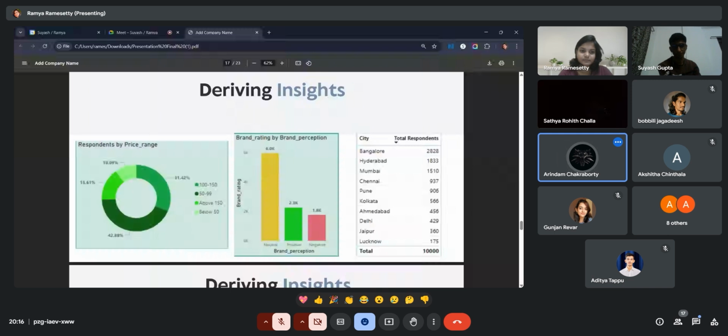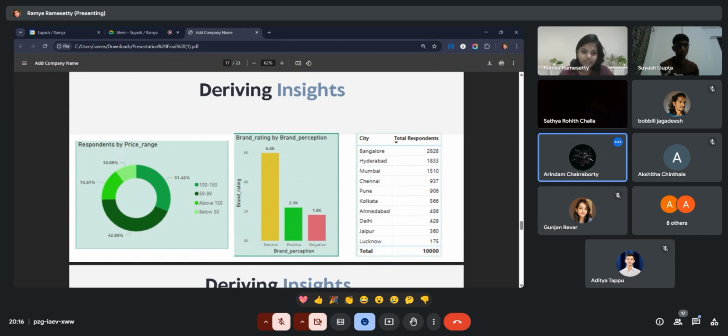And in the pie chart, I think it is respondents by price range. I haven't familiarized myself with the data, so can you explain? Is it age or something? It is the price range of the product. Okay. So above 150 respondents, 50 to 99.